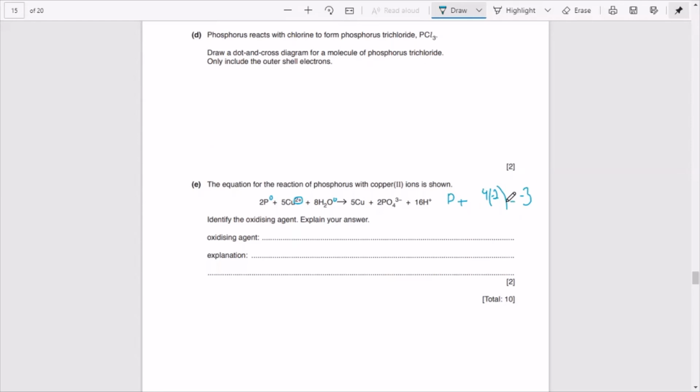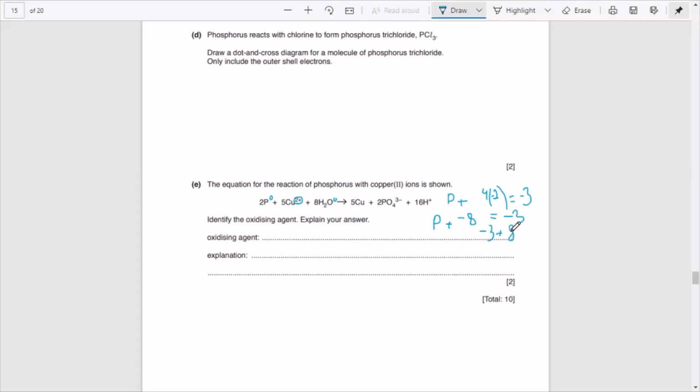So P plus minus 8 is equal to minus 3, and then it would become minus 3 plus 8.